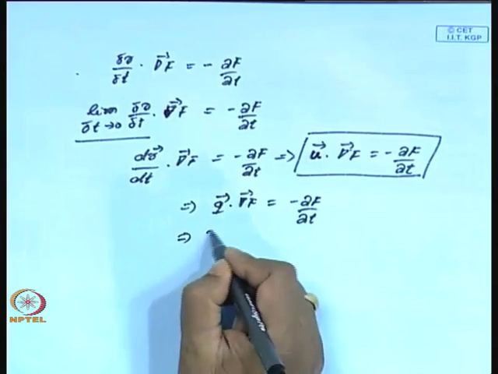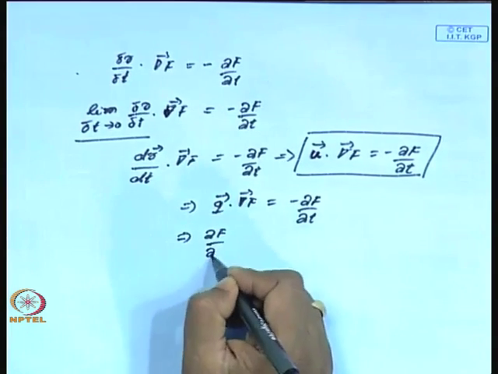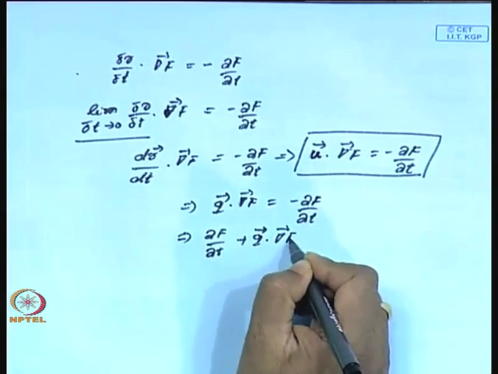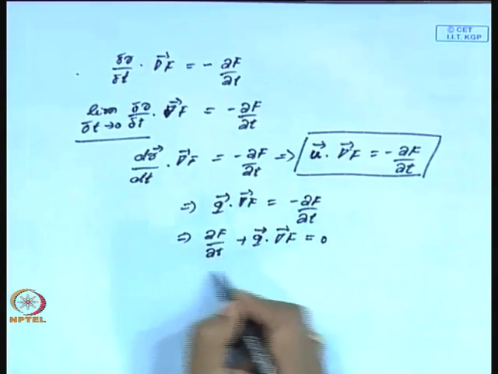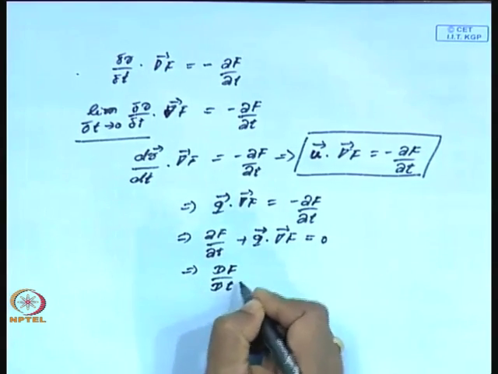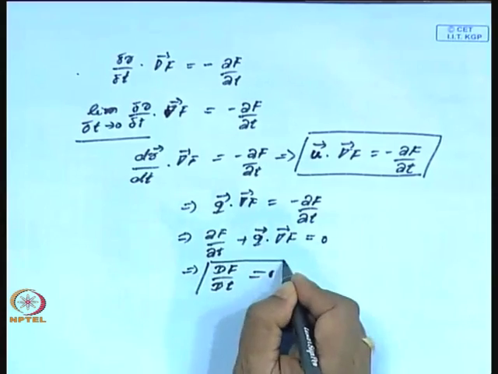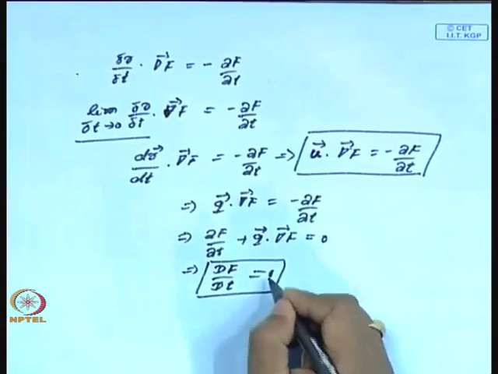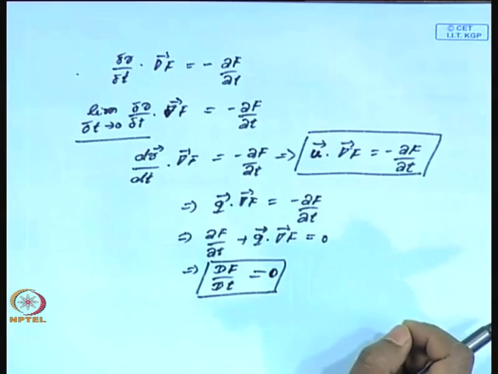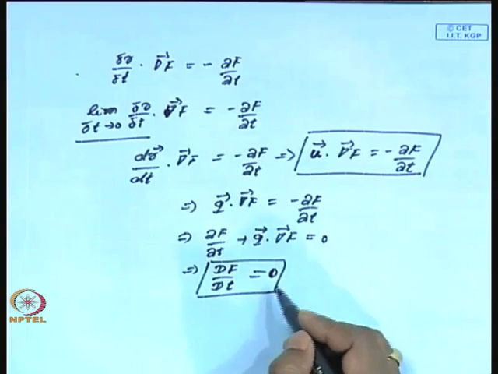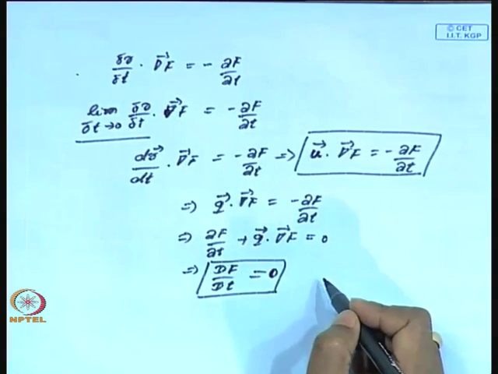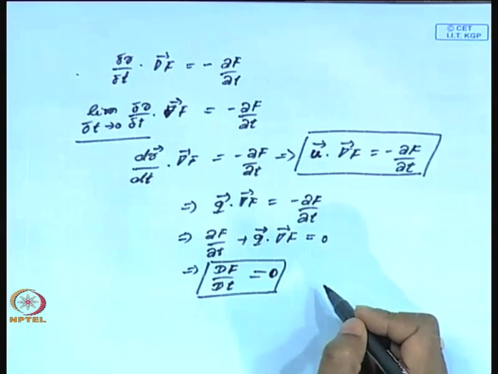So, del f by del t plus q bar dot grad f equal to 0, which is the same as df by dt equal to 0. That means, if f is a boundary surface, then on the boundary surface df by dt is 0. This is a very important result, which is always used, particularly when we have a boundary surface.